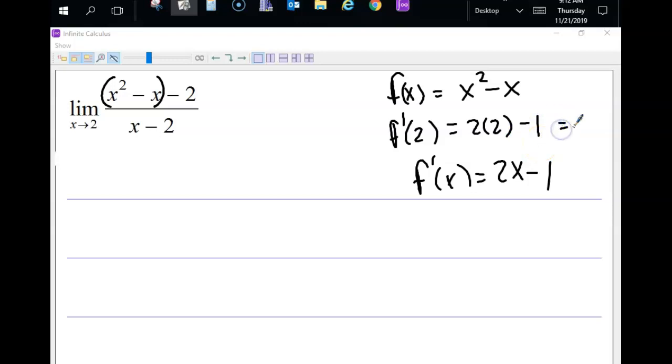Which is 3. There's your limits. Wait, did I go too fast?